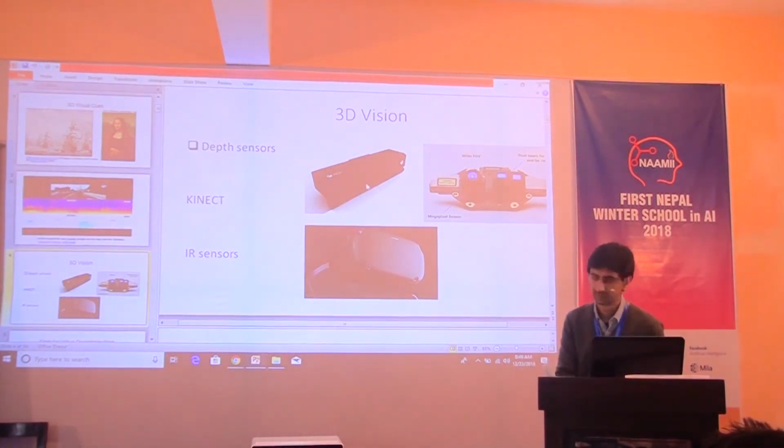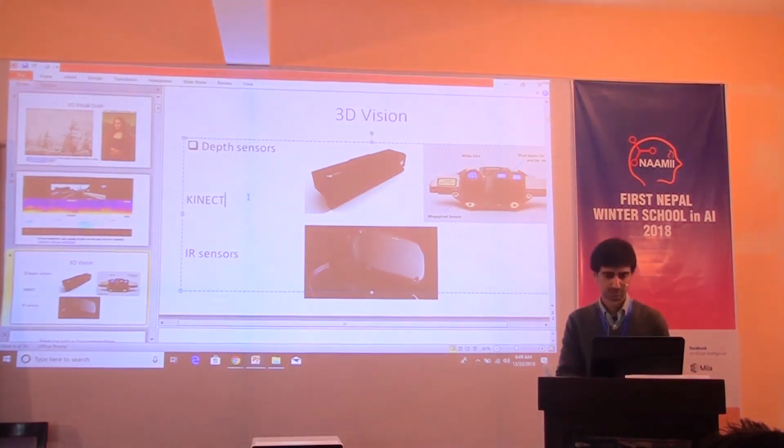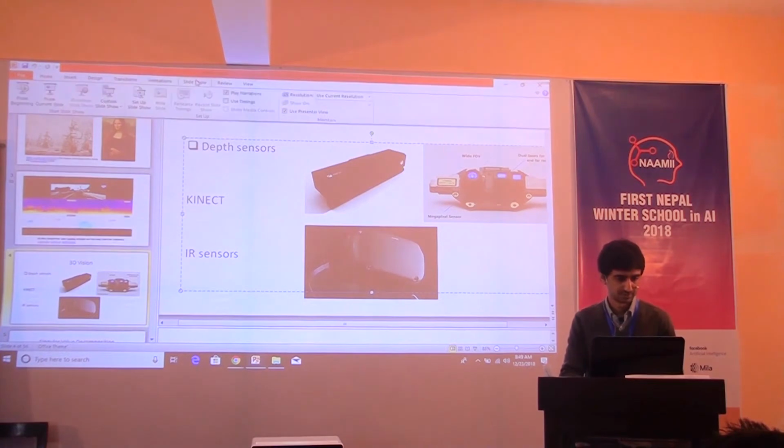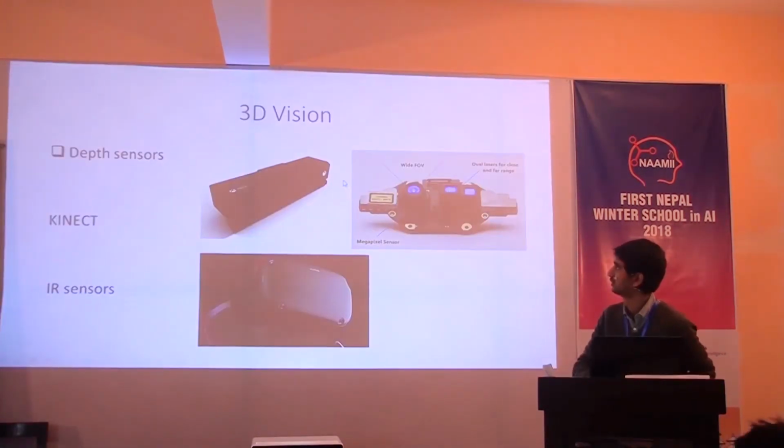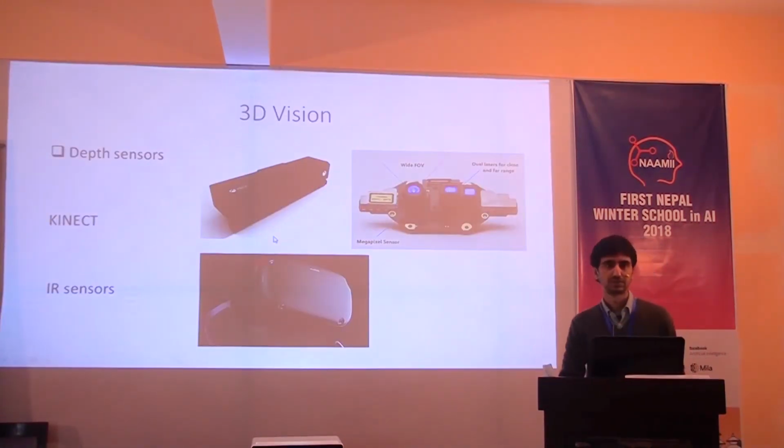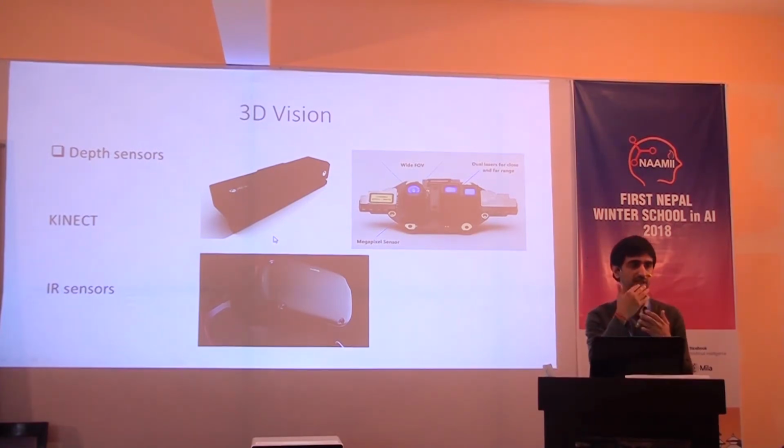Then there are others. This one is called a time of flight sensor. You show the sensor and the object, and it emits light that is modulated.